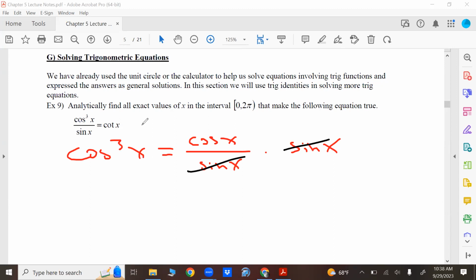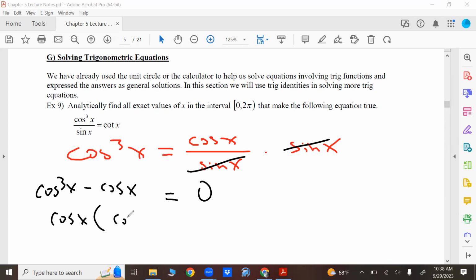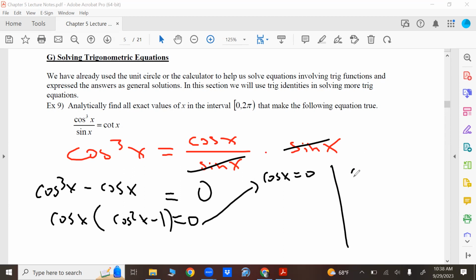What do you want to do next? Figure out when cosine cubed is equal to cosine. Yeah, so collect all terms on one side, and then factor out. So it's pretty clear you got two things to work out: cosine x equals 0 or cosine squared x minus 1 equals 0. So using the zero product property.